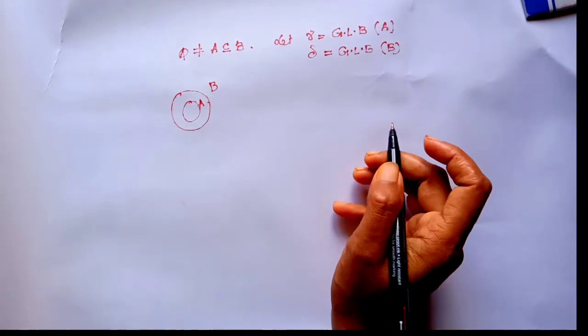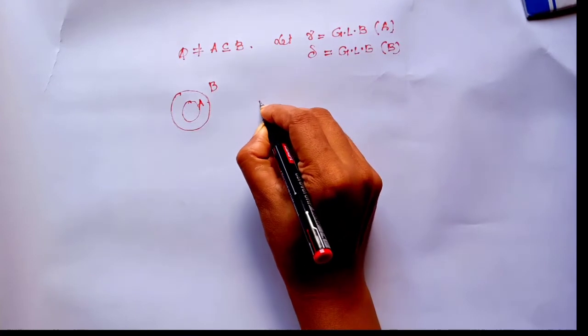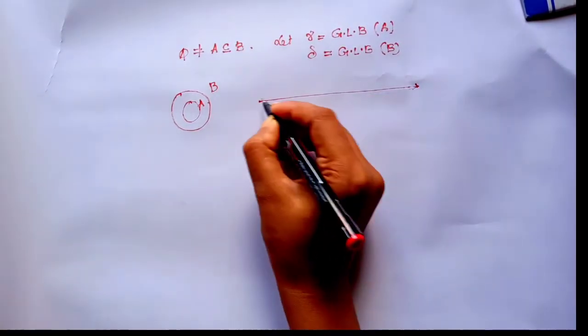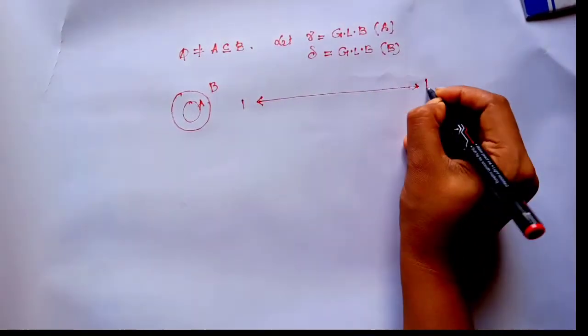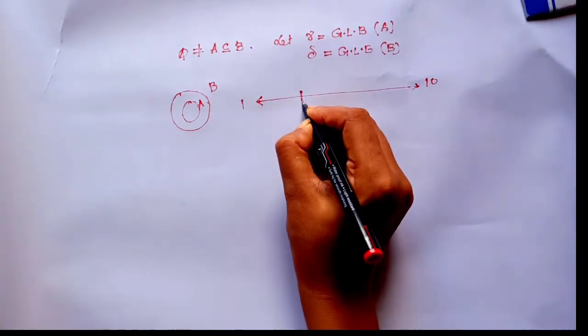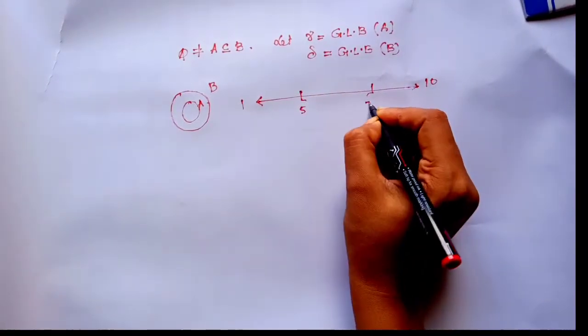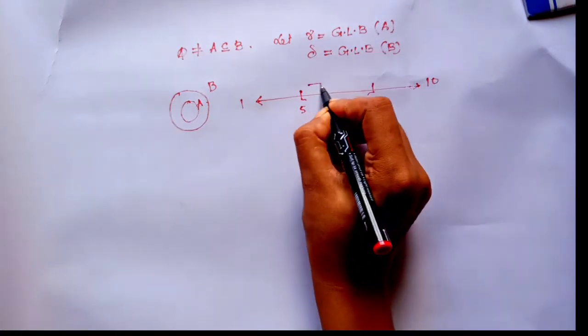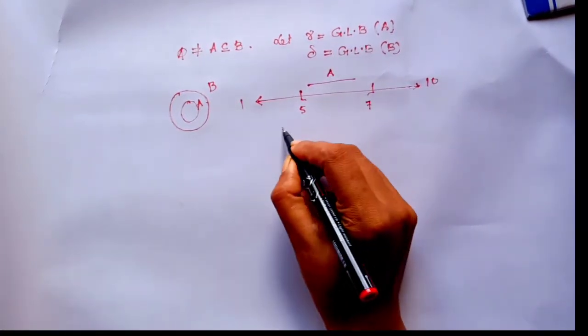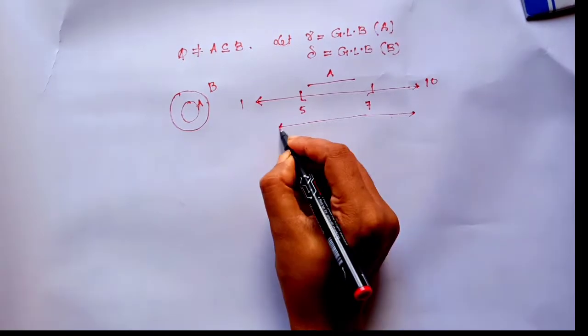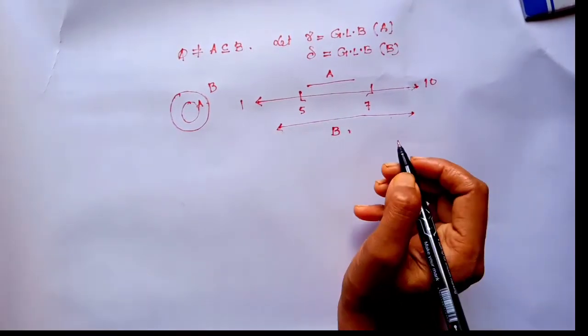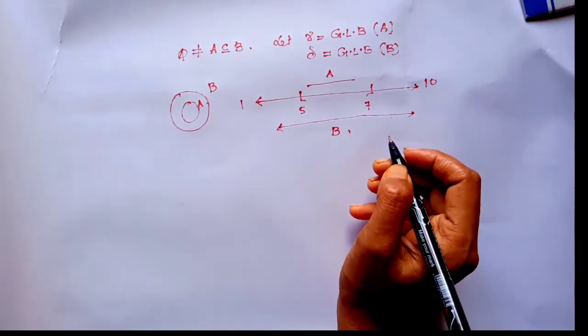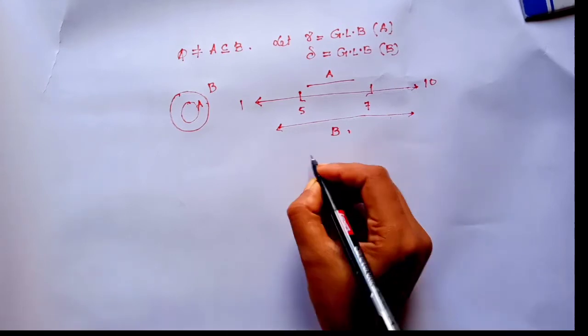Now let us see a simple example. This is 1 and 10 and this is 5 and 7. This is the subset A and this is B. What will be GLB of B?